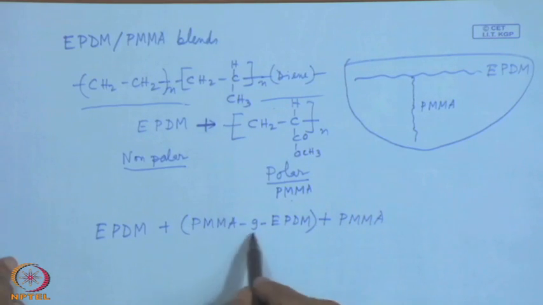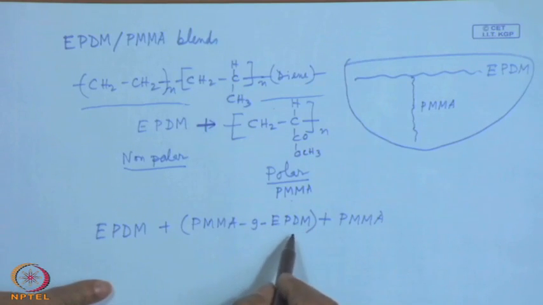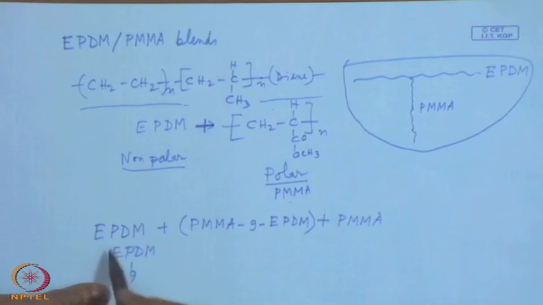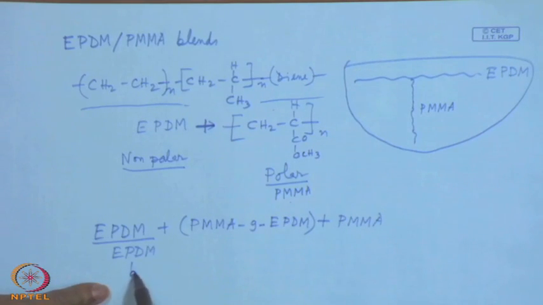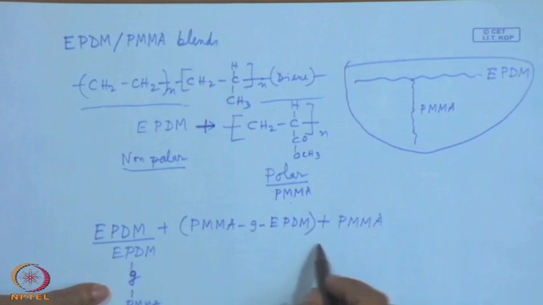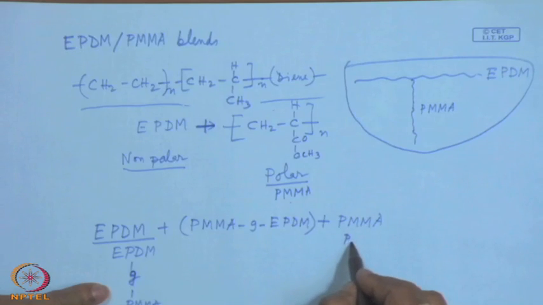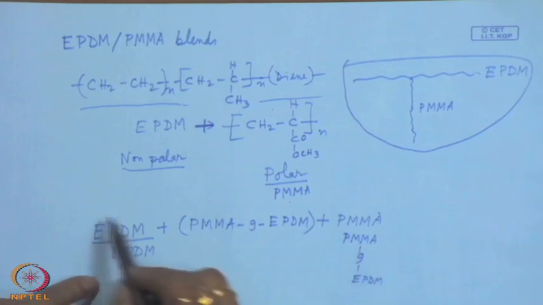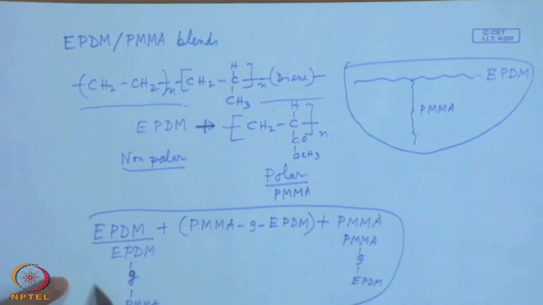Now, this PMMA grafted EPDM will orient itself in such a way that the EPDM part will orient towards the EPDM moiety, and the PMMA part will orient towards the PMMA moiety, and the entire system will become compatible.